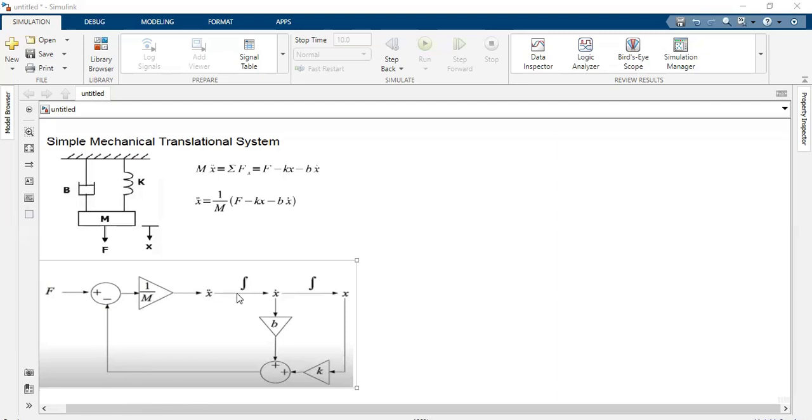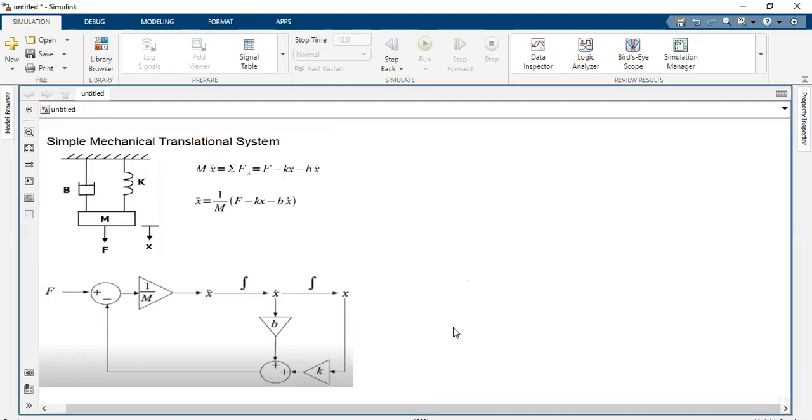So the output of this gain block will be x double dot, which is integrated to get x dot, which is again integrated to get x. So we have represented the differential equation with the help of the block diagram.